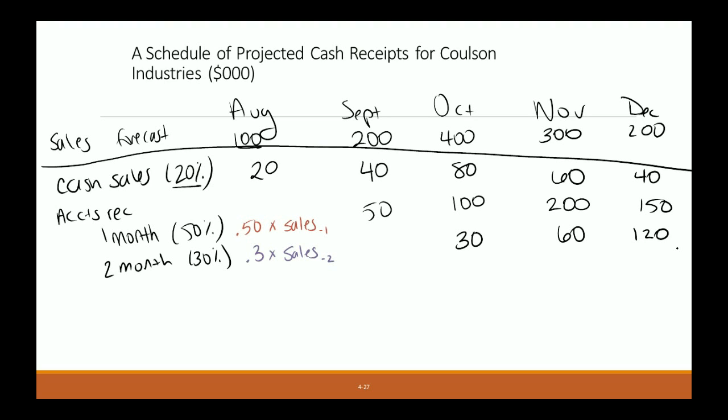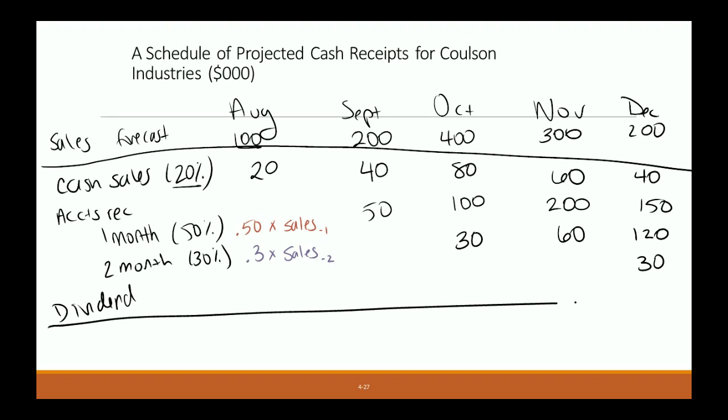And the problem also says that in December, Colson will receive a $30,000 dividend from stock in a subsidiary. Okay, so now we just add these up. So August, we don't have all the numbers, so it's quite small.